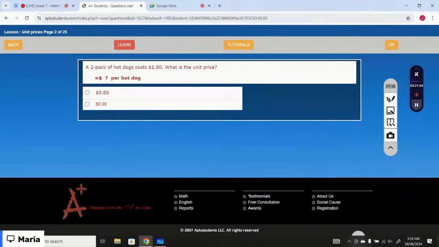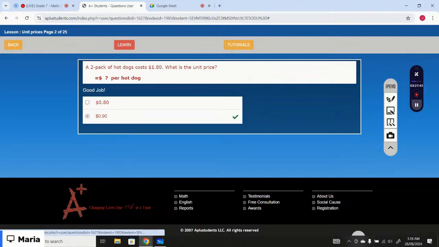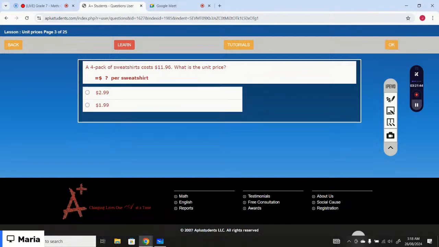So the correct option is $0.90, right? Option number 2 is the correct option. You have to divide $1.80 by 2, so that would be $0.90. Option number 2 is the correct option.